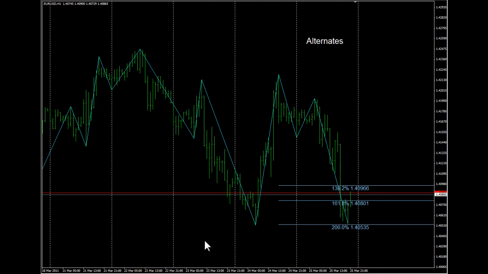So if we are to take these levels, the 138.2, 61.8, and the 200, and try to identify the swing that it applies to, we find that it actually applies to this swing right here. Okay? That one.